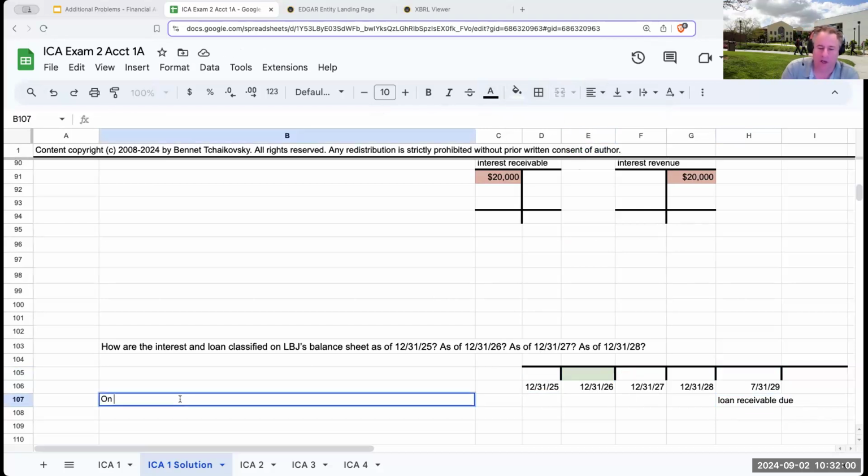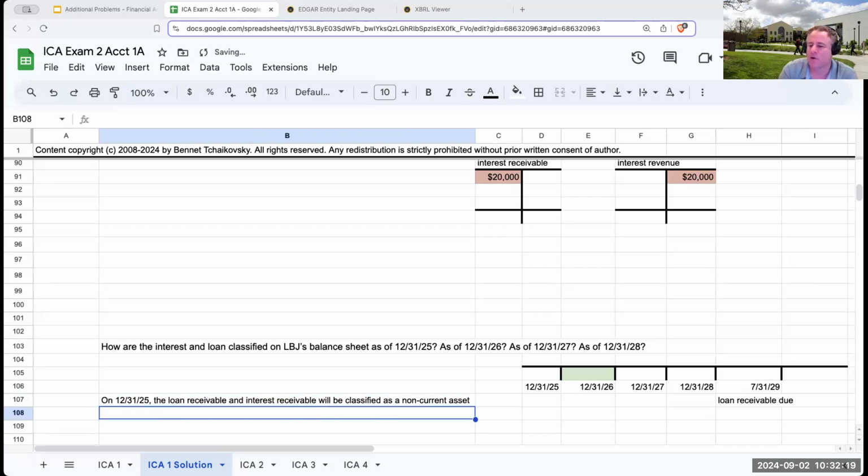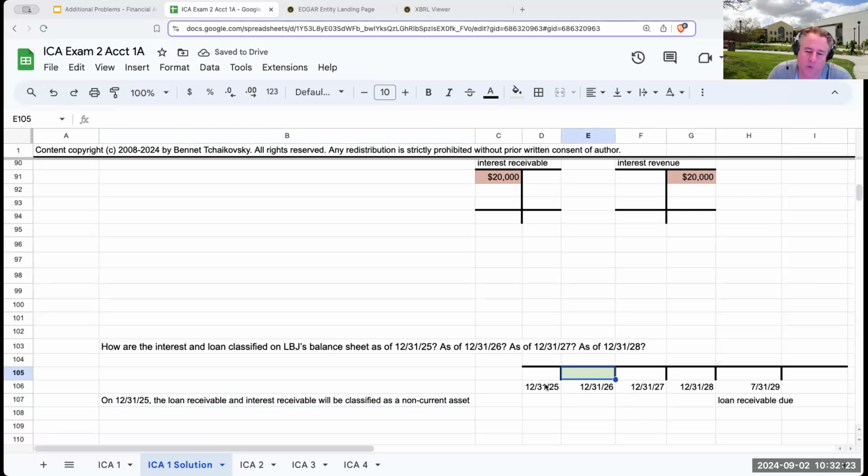So on 12/31/25, the loan receivable and interest receivable will be classified as a non-current asset. Why? Because it's beyond 1 year of the balance sheet date.